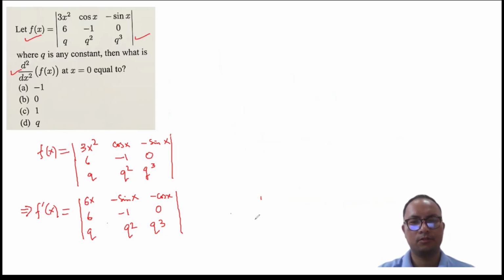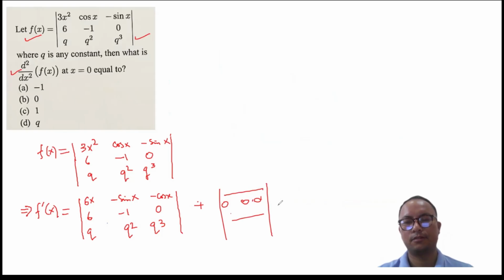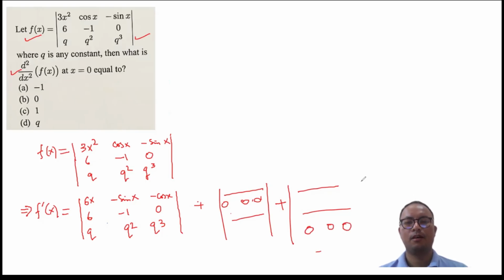In the same way, the second row derived would already be 0 0 0. Again, the third row derived would again be 0 0 0.